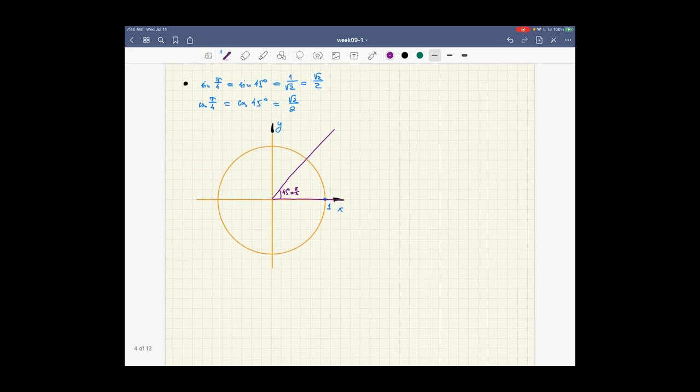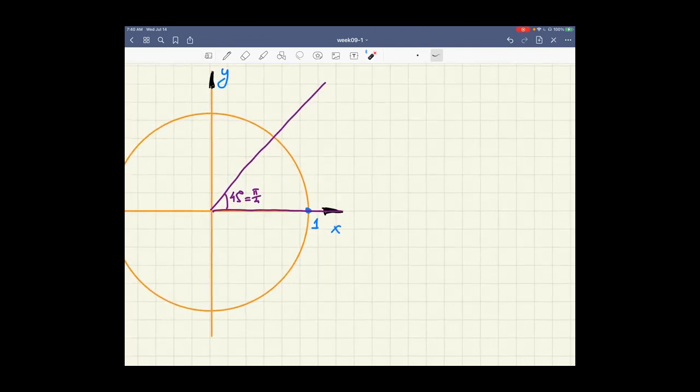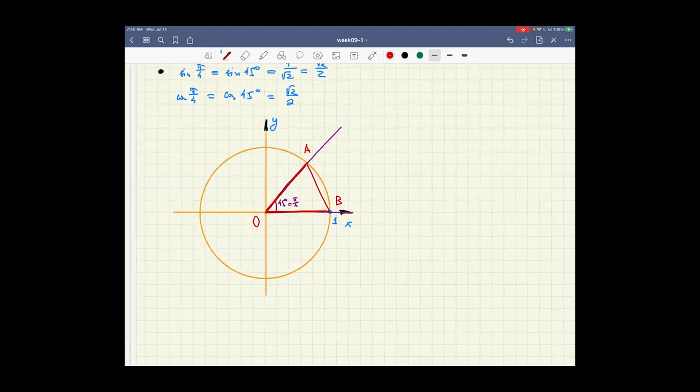So the idea behind computing sine and cosine of 45 degrees, 30 degrees, or 60 degrees is working with some triangles. In this case, for instance, we will work with this triangle, OAB. What do we know about this triangle?